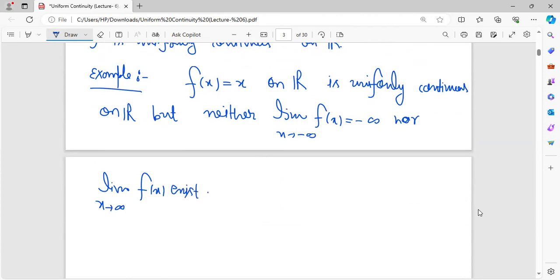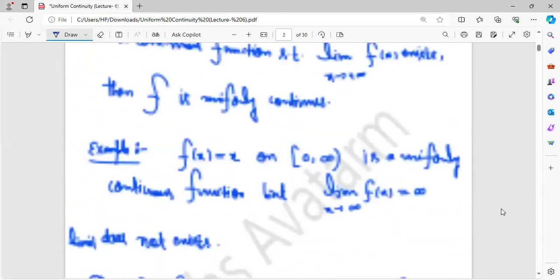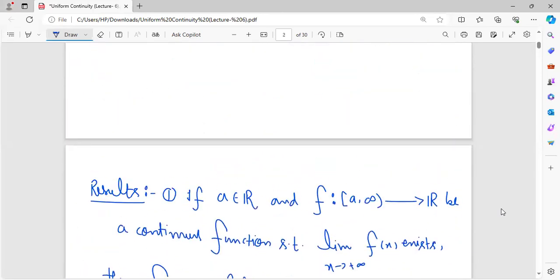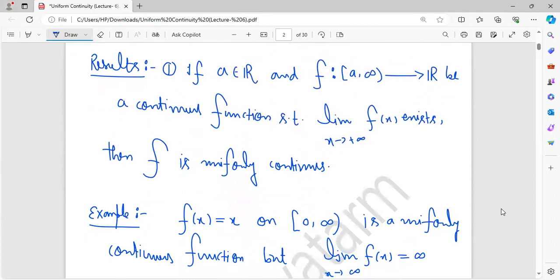Still the function is uniformly continuous. Similarly, we can find other examples.